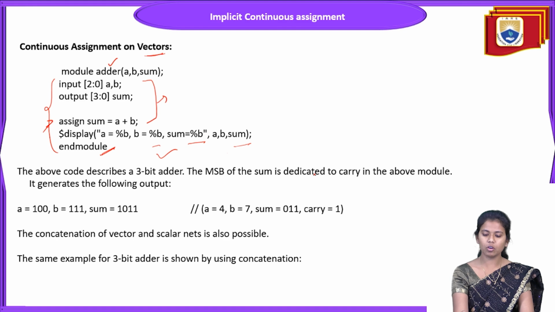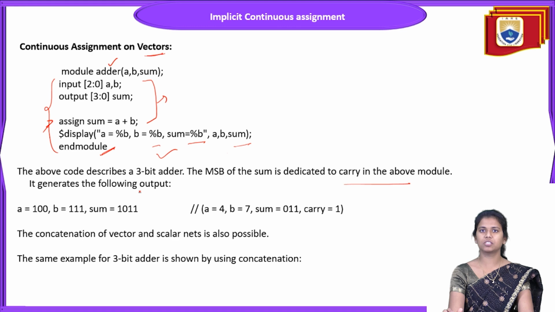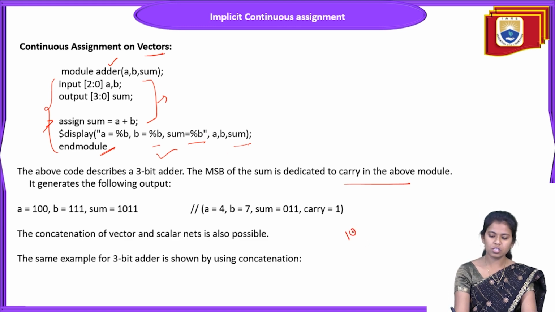The most significant bit of the sum is dedicated to carry in the above module, and it generates the following. So here A is 100 and B is 111. If I sum up here, I'll get 1010. You all know binary additions and binary subtractions, isn't it? So 100 and 111.